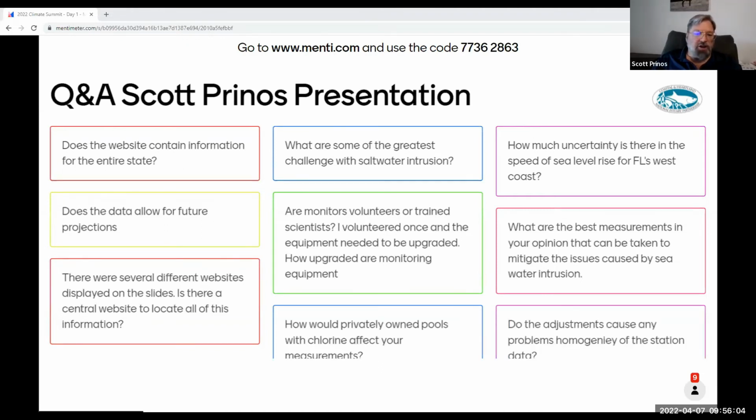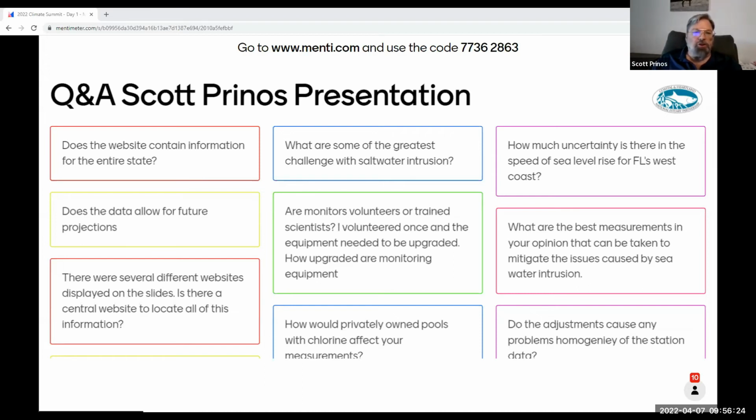Does the data allow for future projections? Yes, with some modeling, it's possible to create future projections. The USGS creates a variety of models and has developed advanced statistical methods for looking at data.